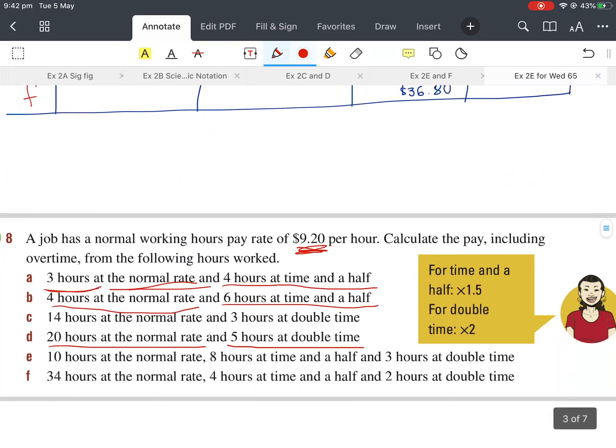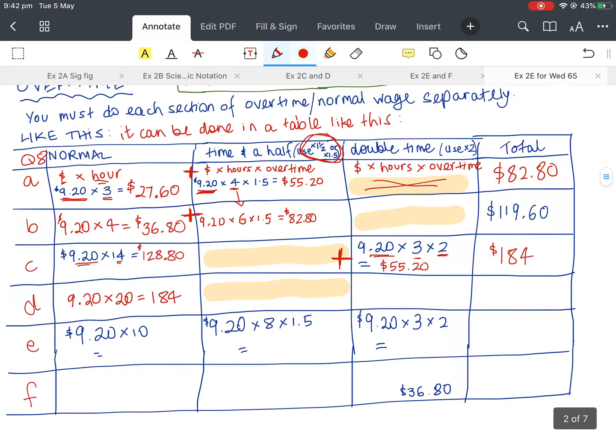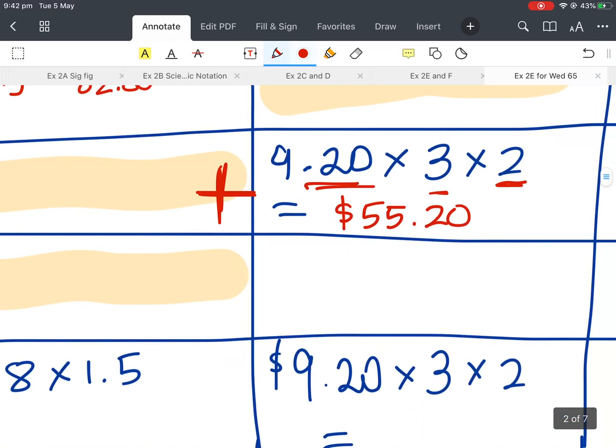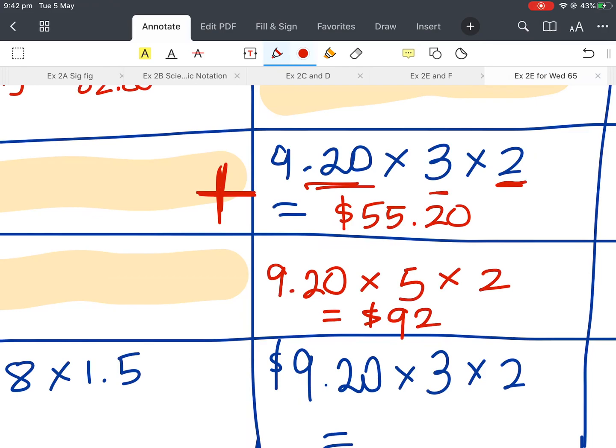I'm going to need to read the question again because I can't remember the last bit. 5 hours at double time. Right. So our wage rate is still $9.20 and it's 5 hours and it's double time, so I times by 2. So I go 9.20 times 5 times 2 gives me $92.